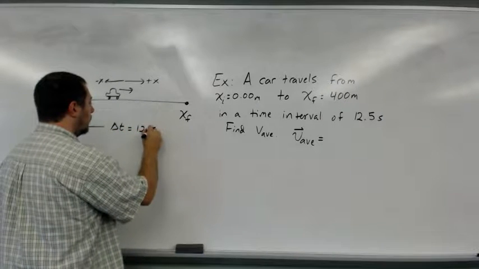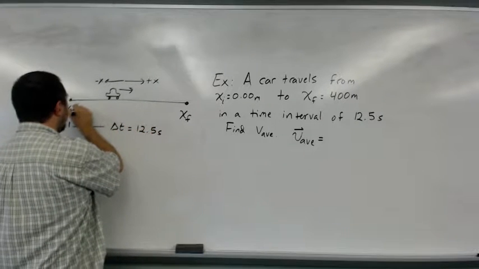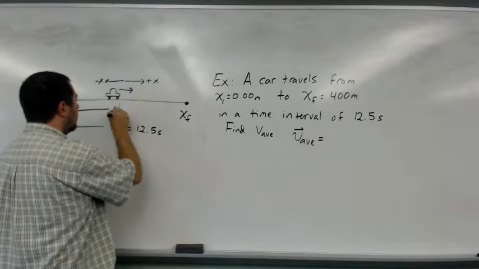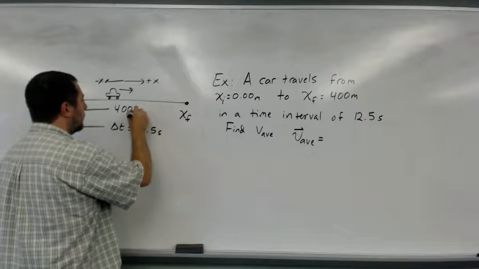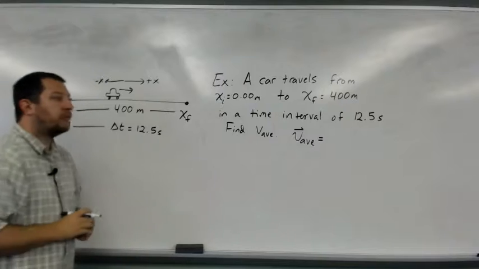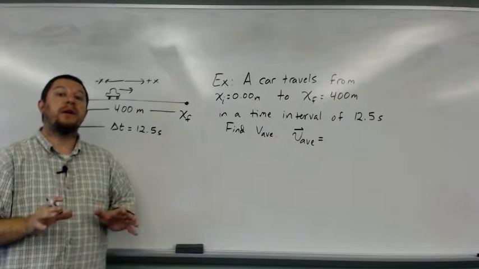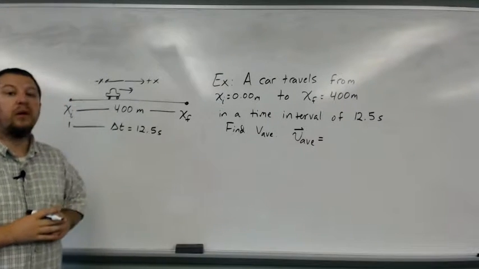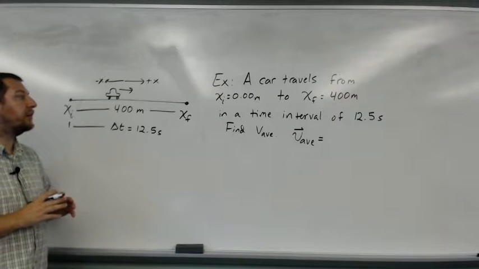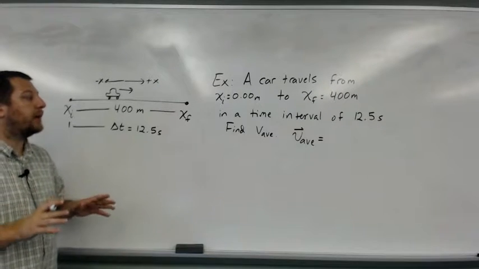in a time interval of 12.5 seconds, and this displacement of 400 meters. Now we're in a position to actually calculate what the average speed of this car is.